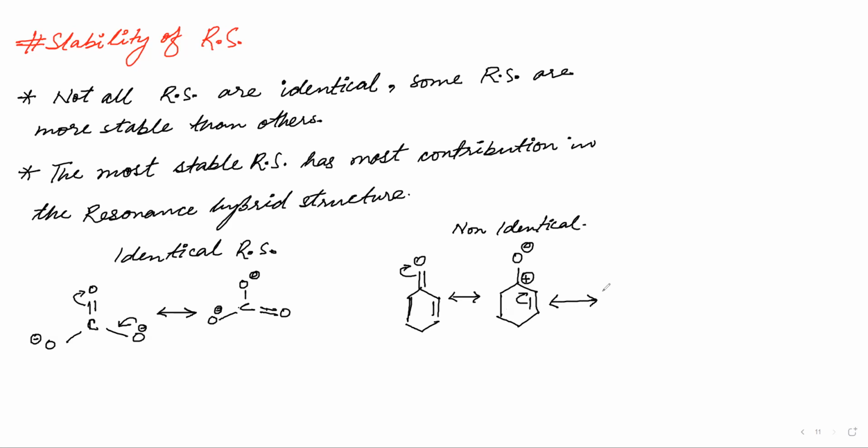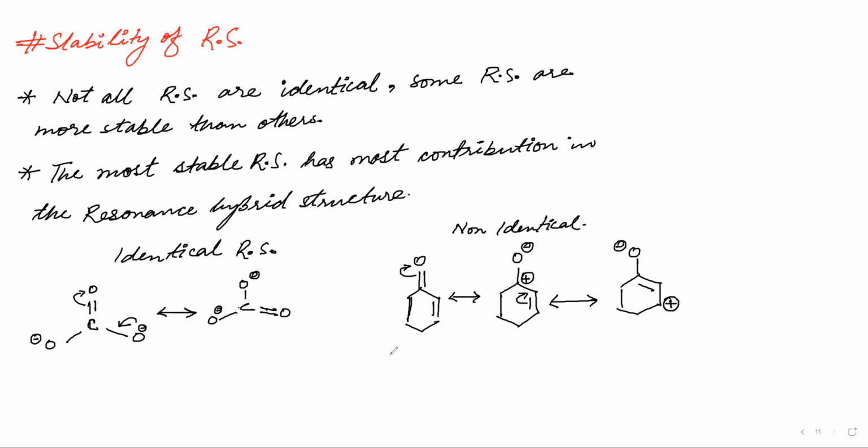Then we moved these electrons here and got this structure. Now this single bond O negative is the same, this is a double bond here and a positive charge here. Correct?